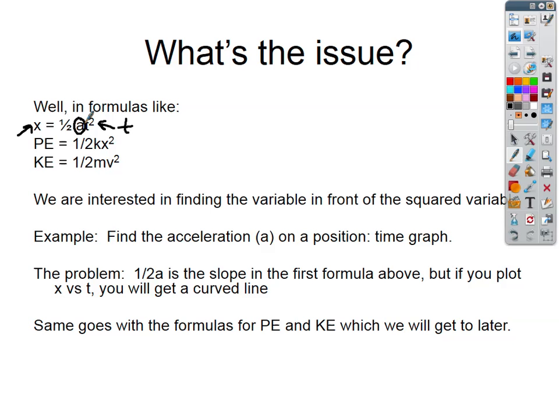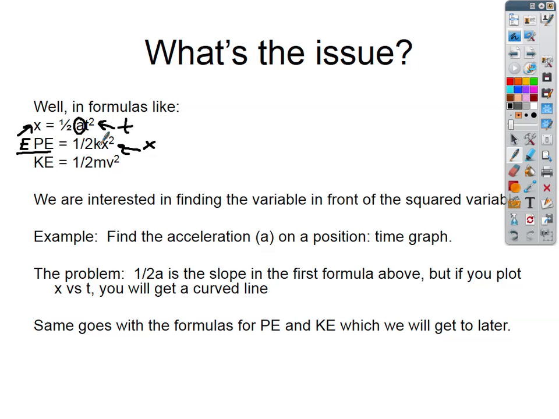Graphically solve for a. Same question goes for this next formula, the elastic potential energy, one half k x squared. If I give you the elastic potential energy and I give you x, I want you to solve for k. Graphically, how do you do that? All of these are done the exact same way, just with different values.